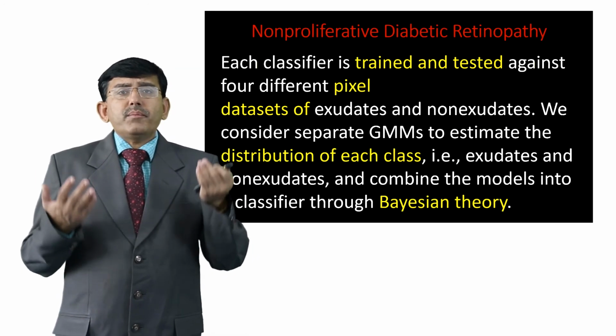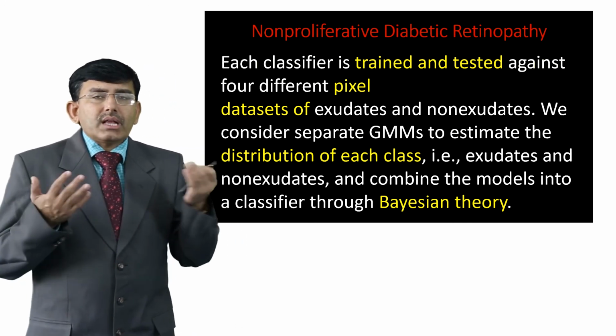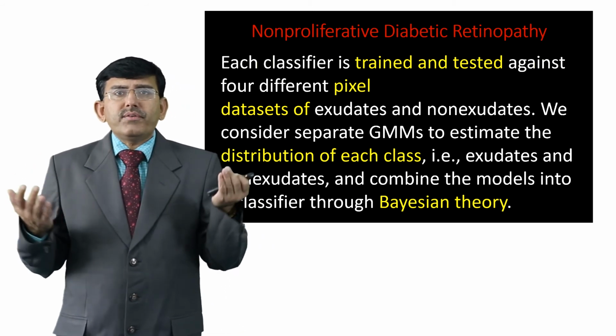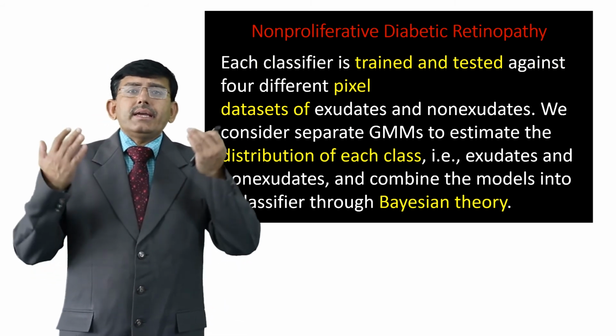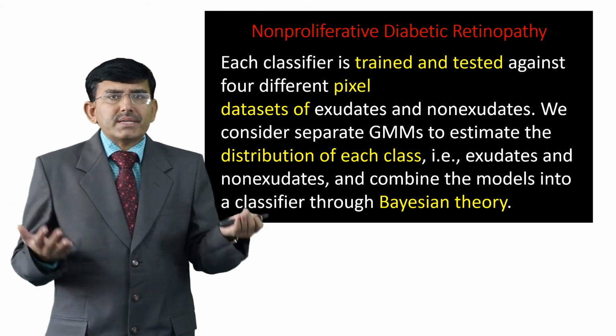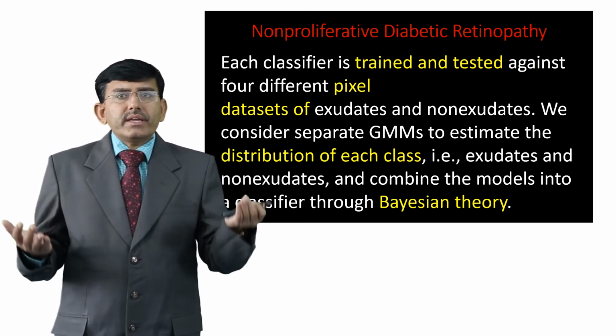By following those machine learning or soft computing classifiers, we can do classification of exudates of non-proliferative diabetic retinopathy. Each classifier is trained and tested against 4 different pixel datasets of exudates and non-exudates.